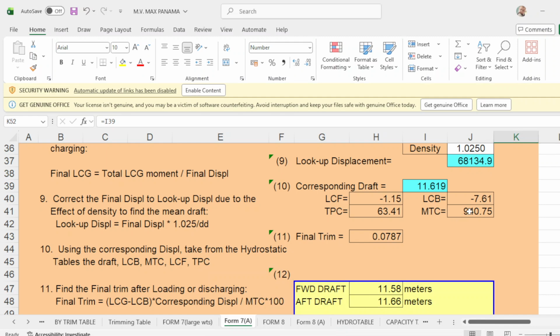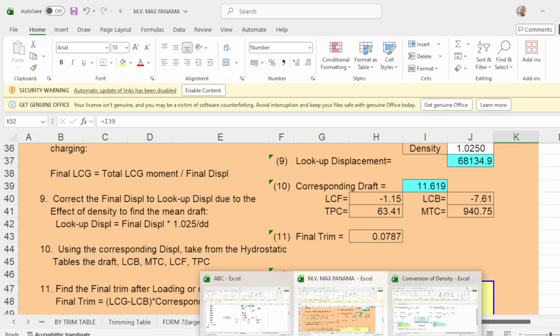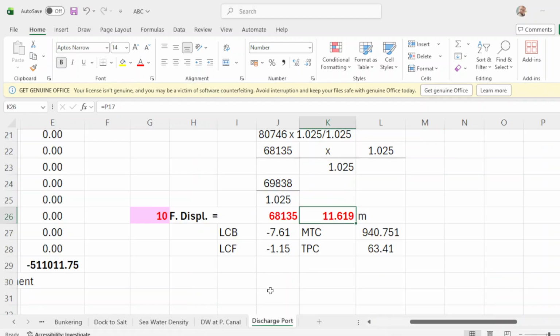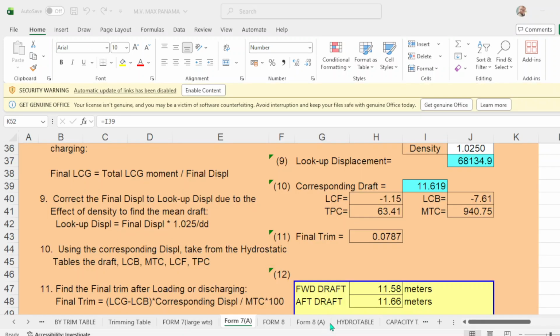TPC is 63.41, and MTC is 940751. Okay, so we go to number 10.